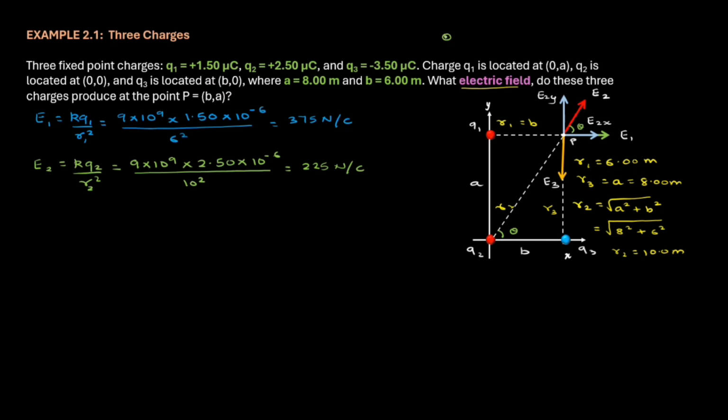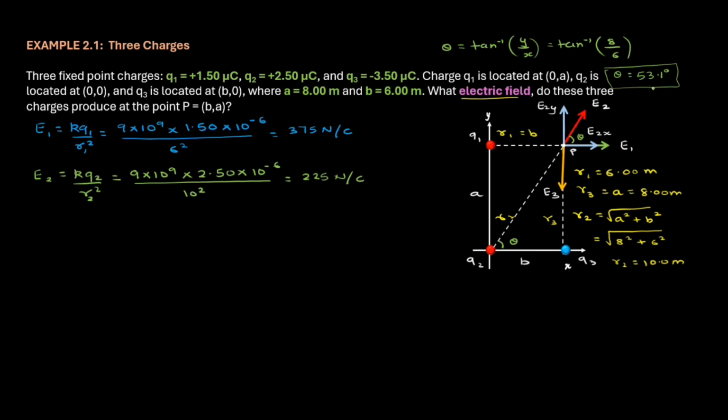So I get theta equals tan inverse y over x, where y is the opposite side, x is the adjacent side. So we get tan inverse, y value is a, which is 8, x value is b, which is 6, and that gives me theta to be 53.1 degrees. This is the angle E2 makes with the x-axis, and by using this angle, I'm going to calculate its components.